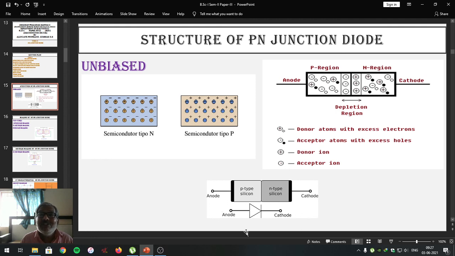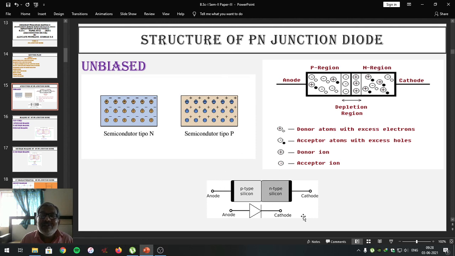Dear students, that's all about the PN junction diode, its internal structure, the meaning of depletion layer, depletion region, process of diffusion, barrier potential of silicon, that is 0.7 volt, barrier potential of germanium, it is 0.2 volt.